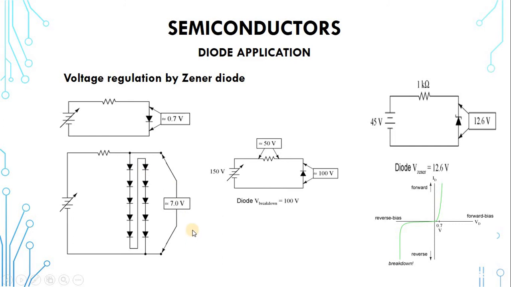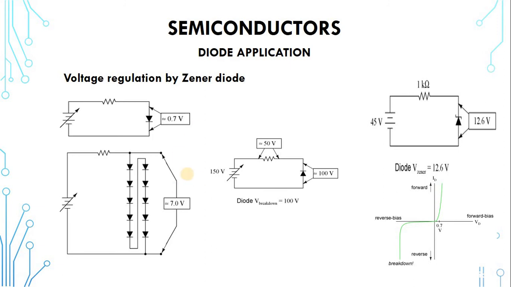So the designers of the diode thought, since it will require more diodes to get a greater constant voltage, and we know that usually when a diode is reverse biased, you can increase the voltage before it breaks down, you have to increase the voltage to a very high level. This means that in the reverse direction, a diode can actually have a bigger voltage developed across it until breakdown.